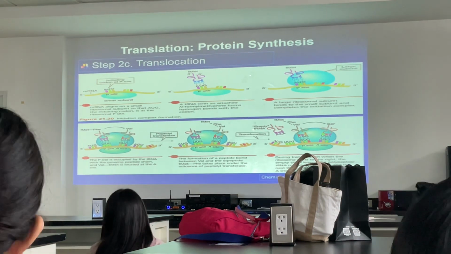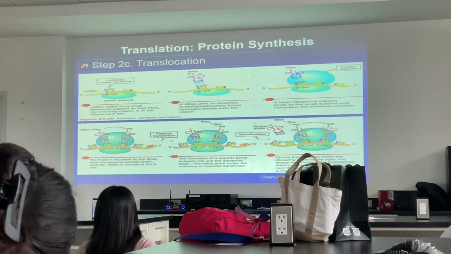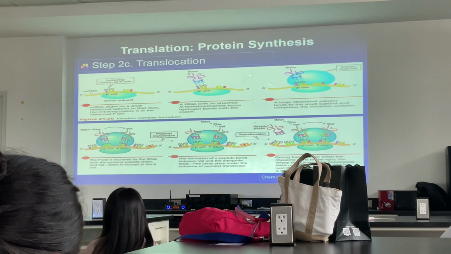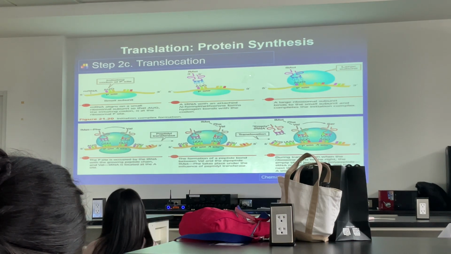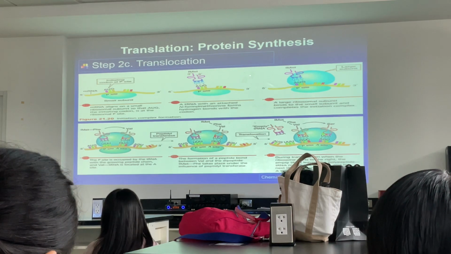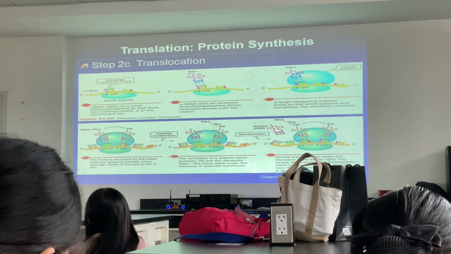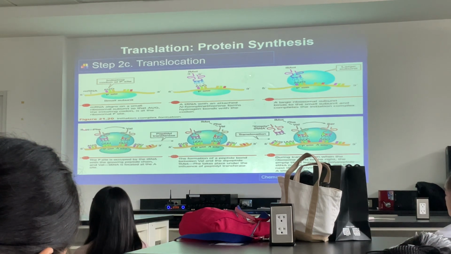And the process will repeat until the ribosome reaches the termination codon. So that's translocation. So the P site is occupied by the tRNA with the growing peptide chain, this one.